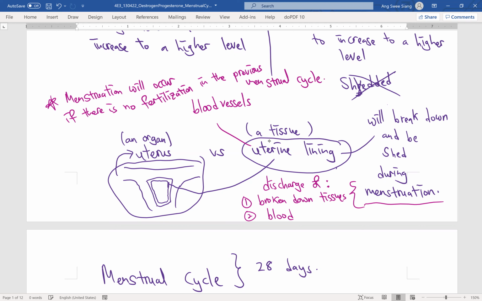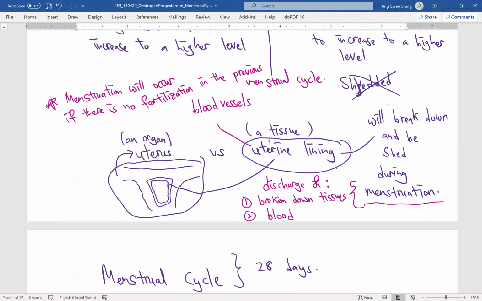Because if there is fertilization, then menstruation will not happen, because the zygote will undergo cell division to form the embryo, and then this embryo will implant into the uterine lining and stay there. Growth and development of the embryo will occur for the next 9 months. So the pregnant lady will not have any menstruation during those 9 months of pregnancy. Only after delivery of the baby will the menstrual cycle start again.